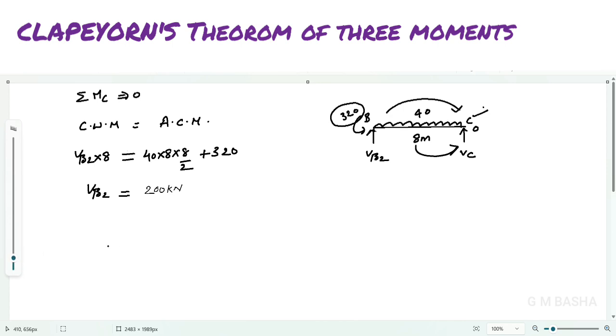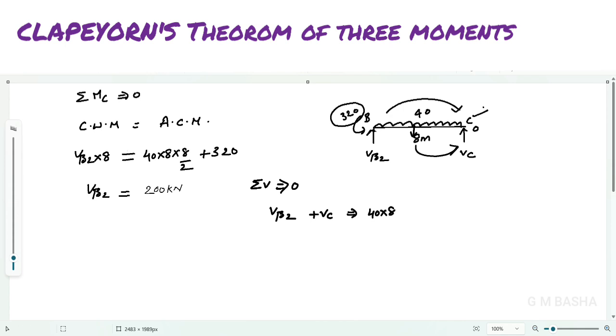Okay. Then take sigma V equal to 0, the sum of the vertical loads acting on the span, that is VB2 plus VC equal to 40 into 8. VB2 and VC will be acting upwards and this 40 kilonewton per meter load will be acting downwards.